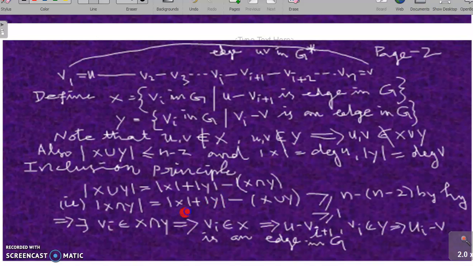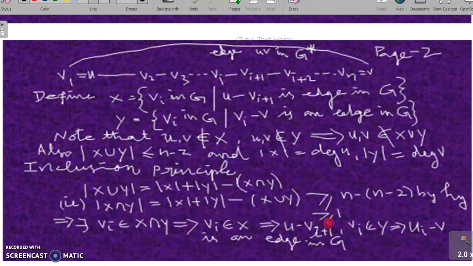By our assumption in the beginning, we have assumed that the sum is greater than or equal to n, and this union we have already seen is at most n minus 2, therefore n minus (n minus 2) by the hypothesis. So definitely, whatever n may be, this will be greater than or equal to 1.